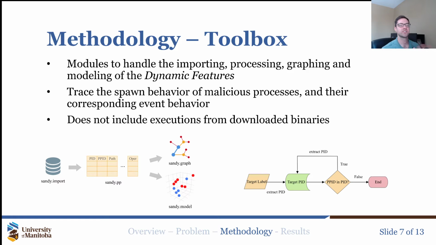The other thing it can do, which is very important when you're executing malware, is trace the spawn behavior of malicious processes and their corresponding event behavior. This is very important because malware is not executed on its own. It's executed in an operating system with other processes running. So the background processes or the benignware that's running is as important to know as the malware, because it's always in the context of other things.